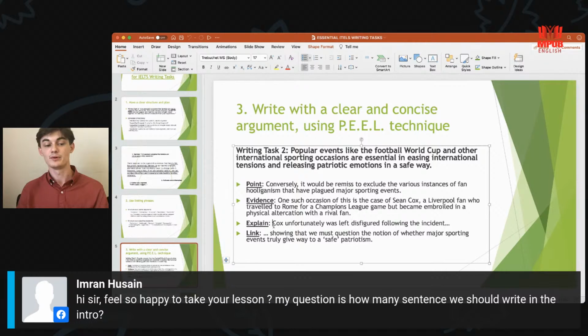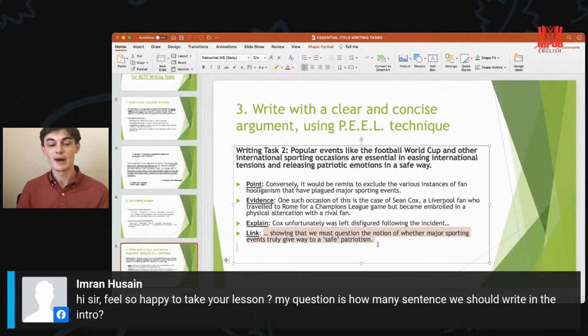So in this example, which is talking about football hooliganism, I've given my point. I've given some evidence for why I'm saying the point. I've then explained the point in a bit more detail. I've said Cox was left disfigured following the incident, and that means that football and sporting events sometimes aren't that safe for people.